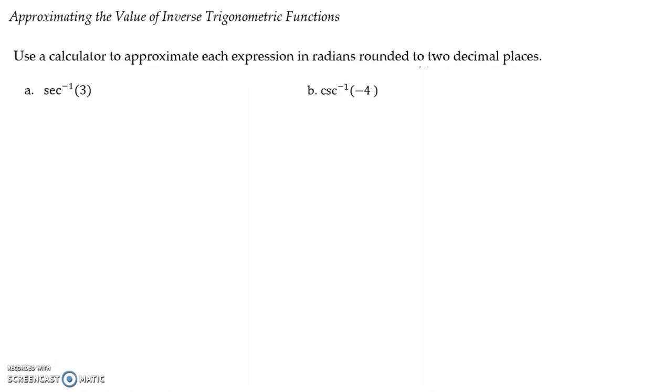So let's go ahead and do a little bit of rewriting here. And we're going to let theta be equal to the inverse secant of 3. And then let's go ahead and take secant of both sides.